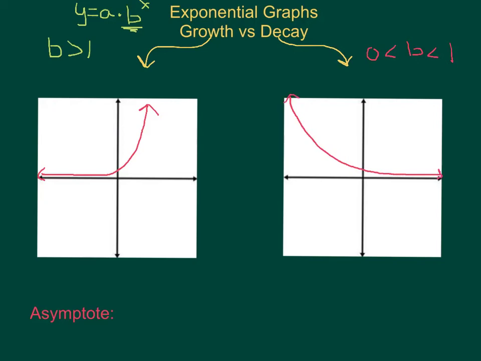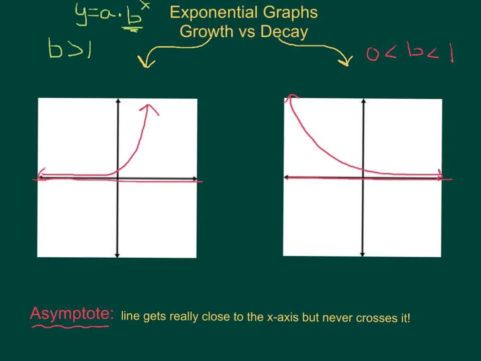And that brings me to the word asymptote. Asymptote is, the definition is when a line on a graph gets really, really close to another line, in this case the x-axis, but never crosses it.